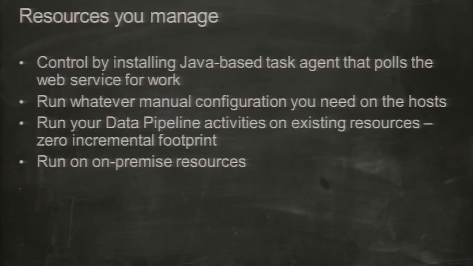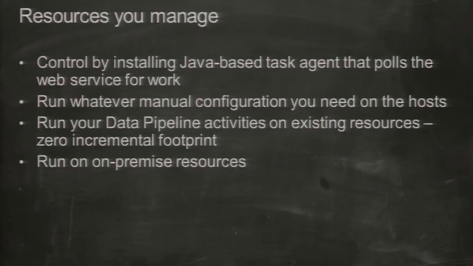It says, hey, I'm this agent. This is my account ID. You can assign these things to logical groups. So you could have a group of task agents running, say, on your on-premise servers, and a separate group of task agents running on AWS web servers. And when you create activities, you say, this activity should be executed by that group of agents.